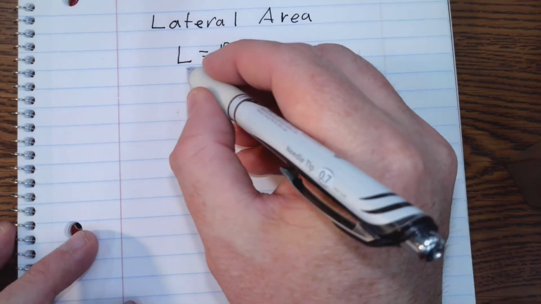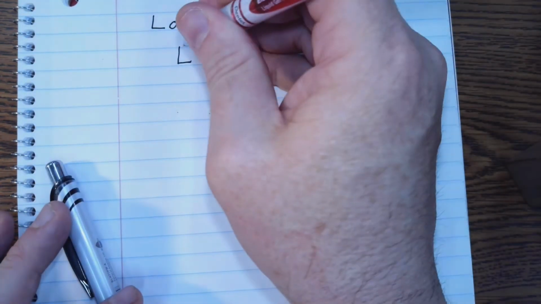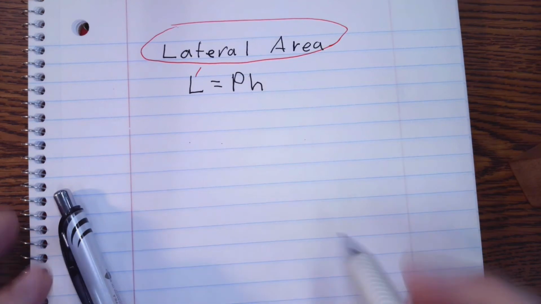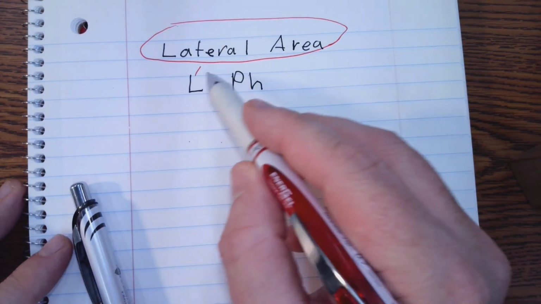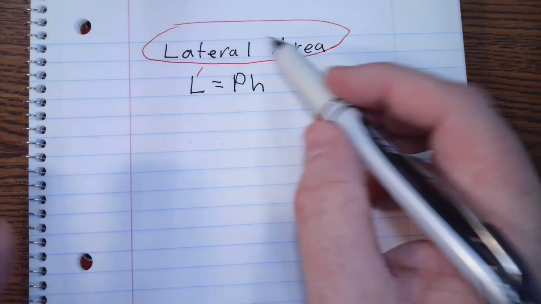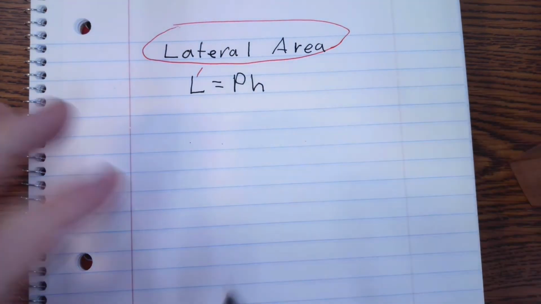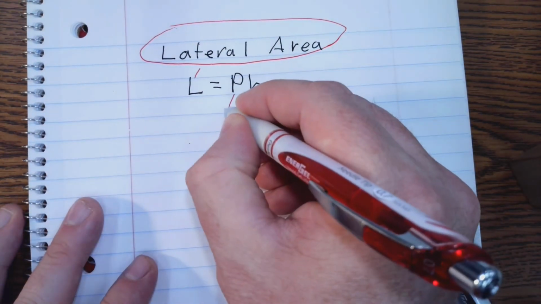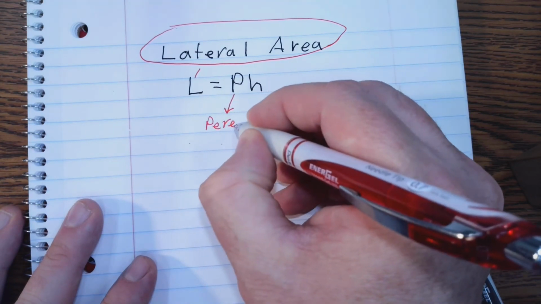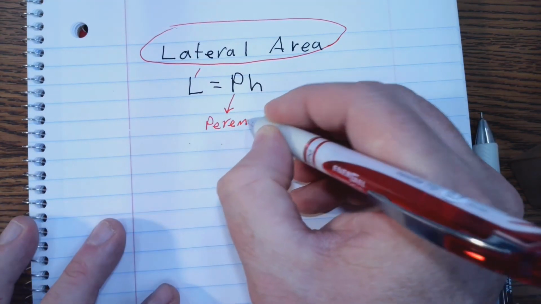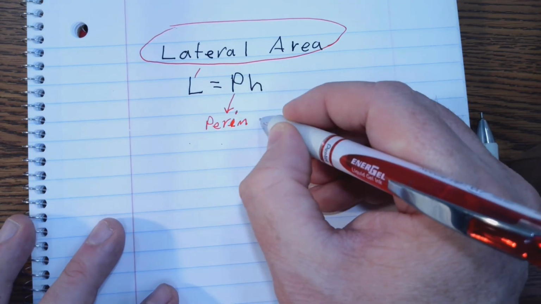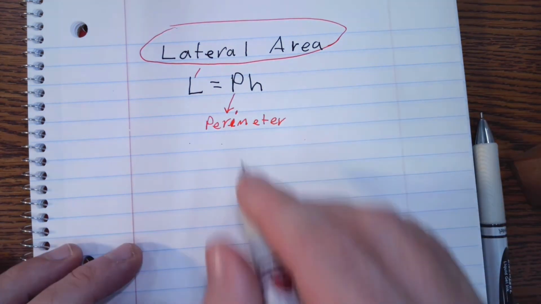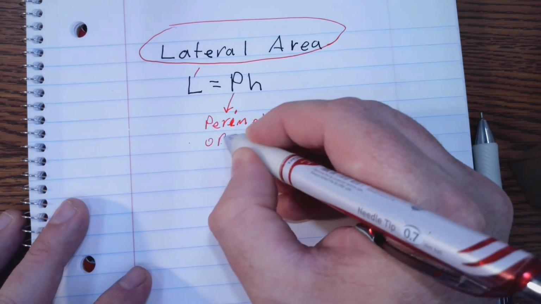Okay, so lateral area, that's what L stands for. So L is lateral area, and we use a capital L. P stands for perimeter of the base.